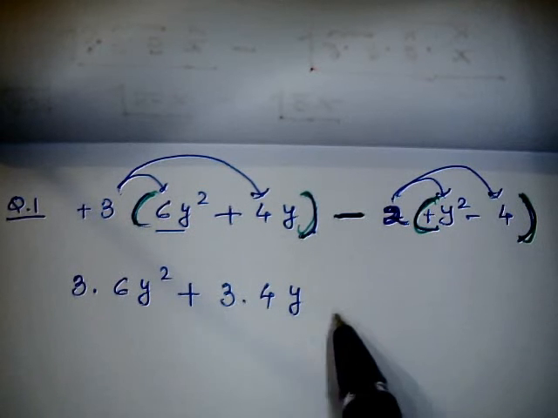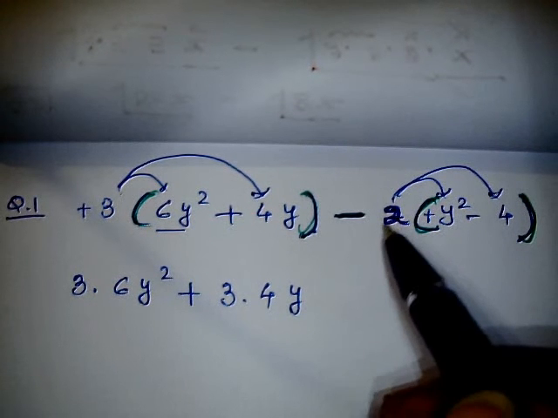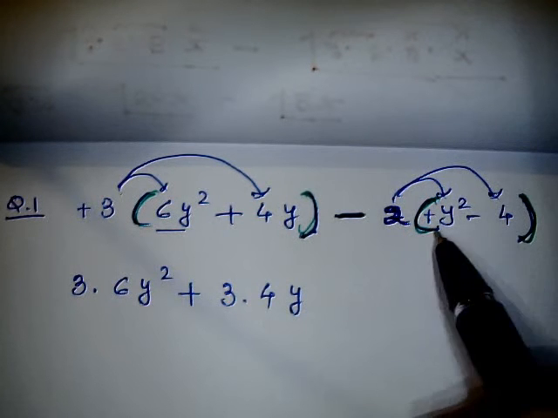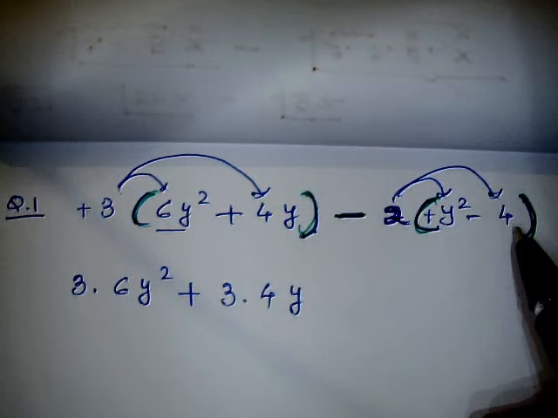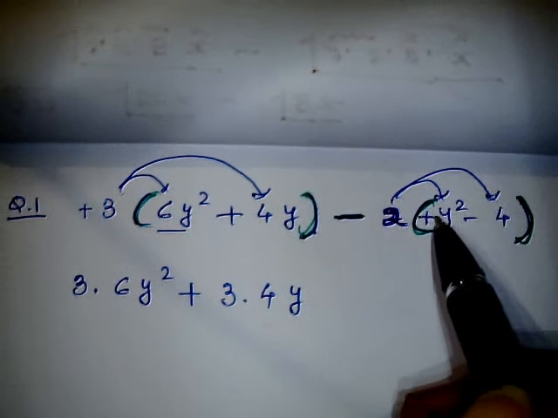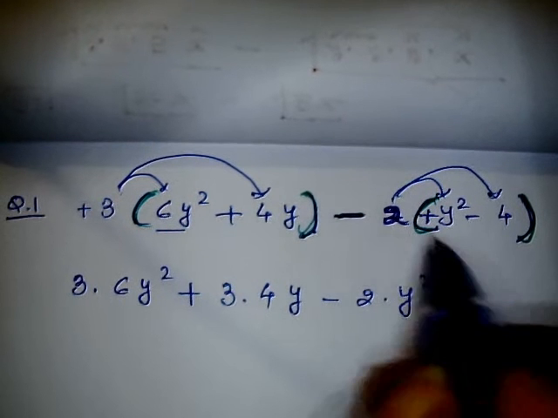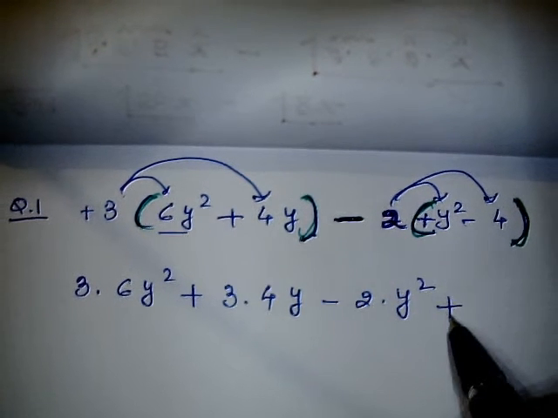But over here we are opening with negative 2, so whatever sign the terms have inside the parenthesis, that gets changed. This is going to become 2 times y square, and negative times negative is going to come positive, so 2 times 4.